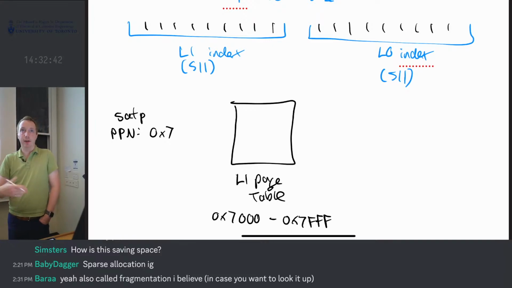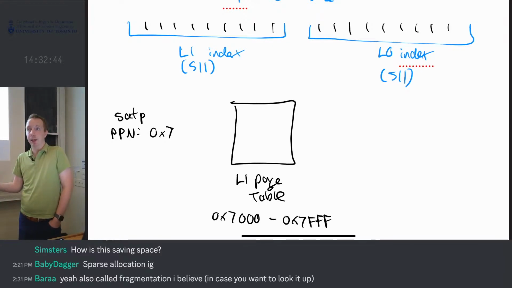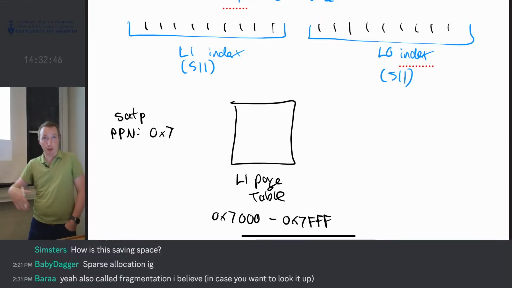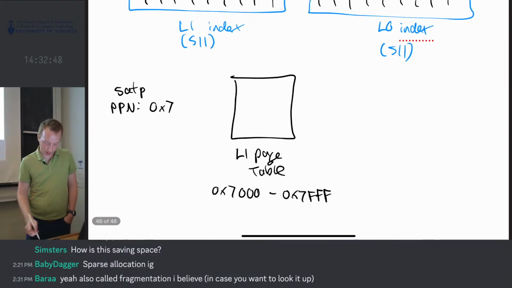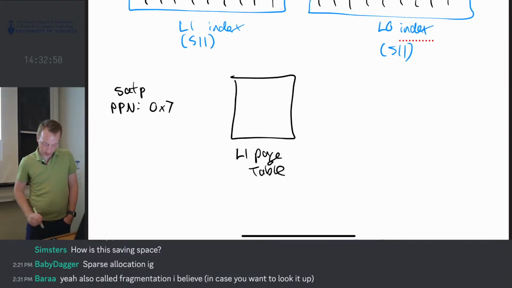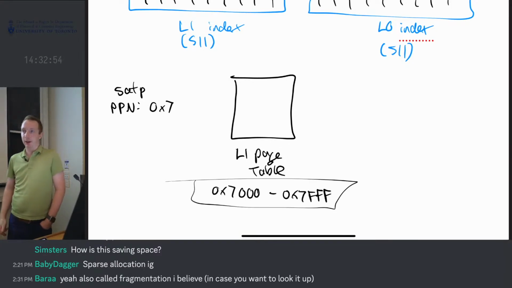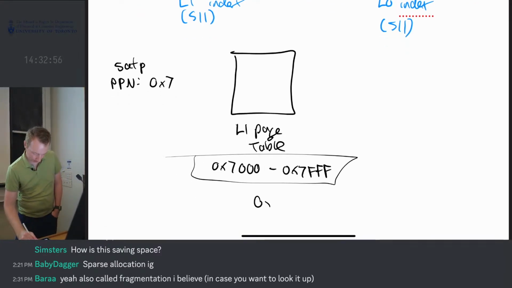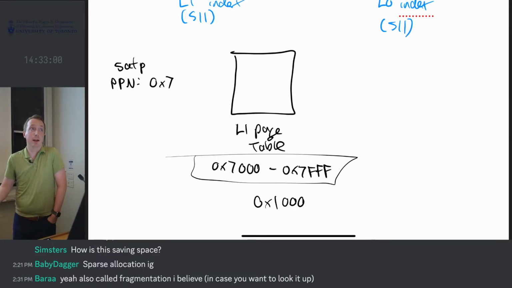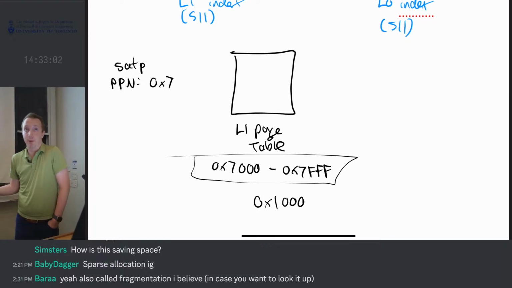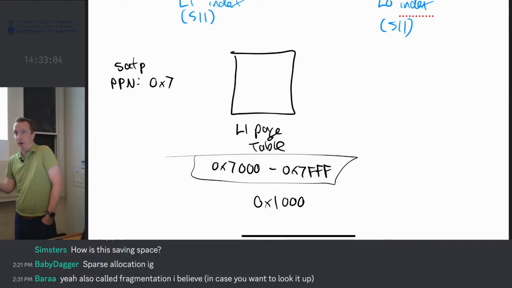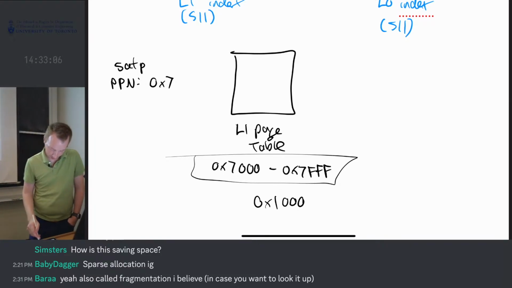So you don't need to tell where to end because it fits on a page, has 512 indexes, so it uses the entire page. And to double check, if you figure out what this address range is, well, it's 1000 in hex, which guess what, is 4096. So everything kind of makes sense.